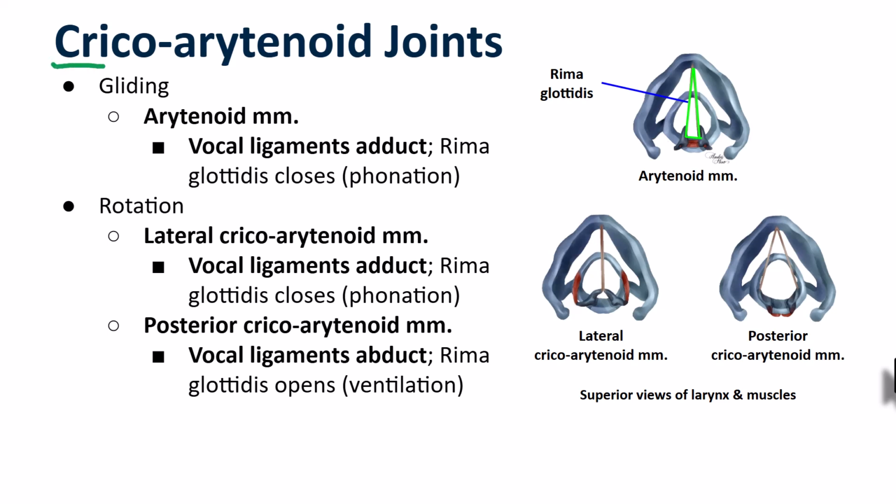So cricoid, arytenoid. So the arytenoid cartilages sit atop the cricoid cartilage, and they're capable of several movements. Firstly, they may glide. There are muscles connecting each arytenoid cartilage, and when they contract, that glides the arytenoid cartilages together.